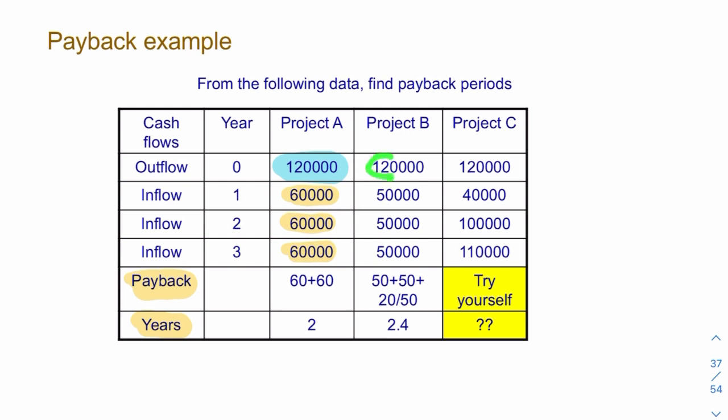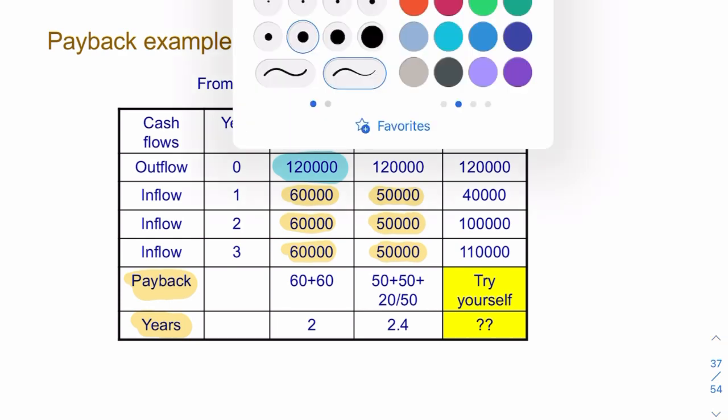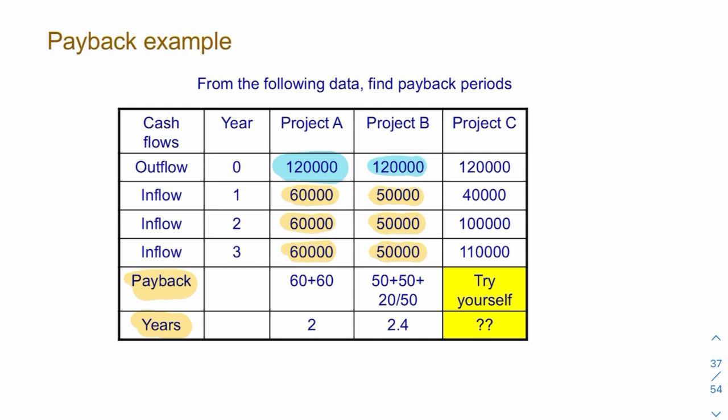Now, project B also started off costing me £120,000 initial investment, but it only bought me £50,000 in the first year, 50 in the second, and 50 in the third. So how long would it take to recover the £120,000? Well, 1 year, 2 years, and then part of the third year. So the first 2 years will give me £100,000. I'm still short of £20,000.